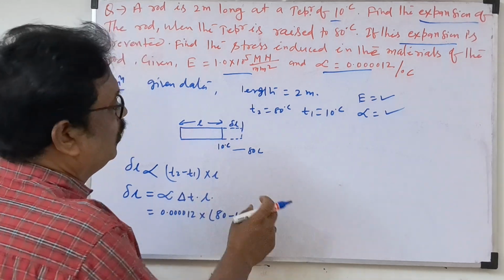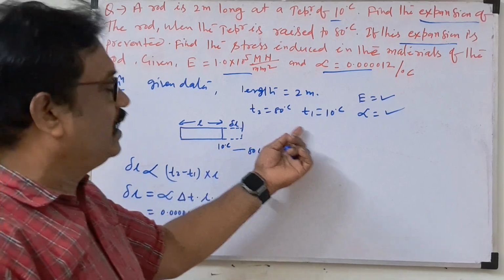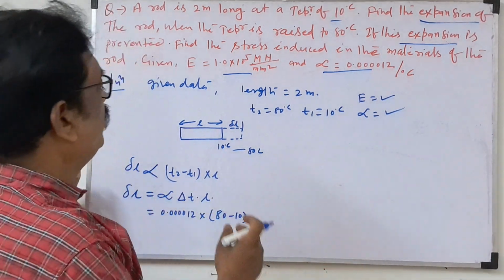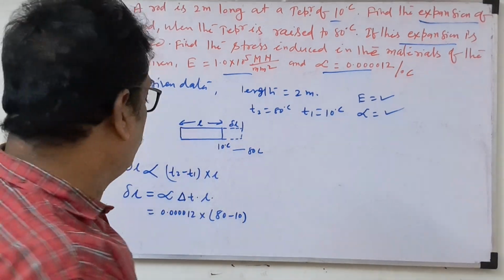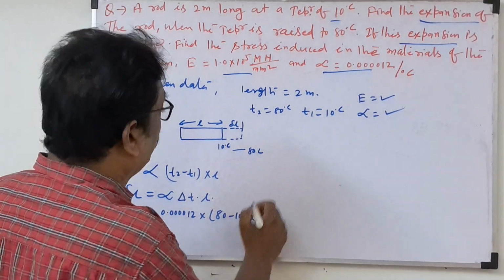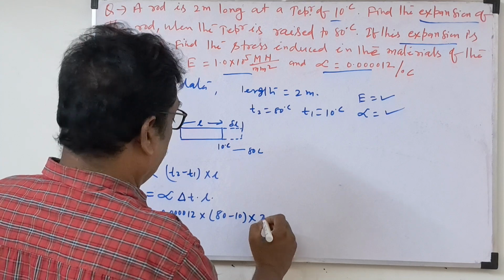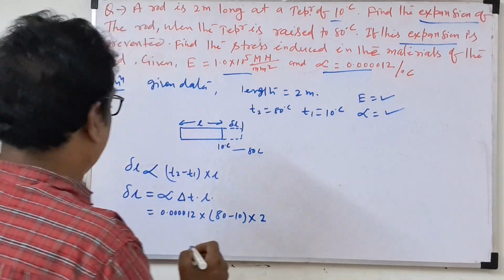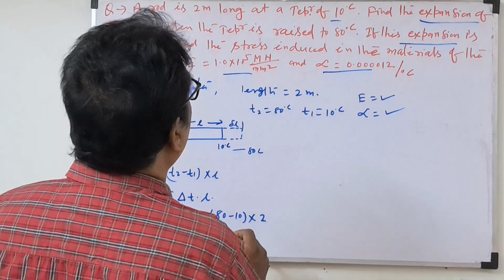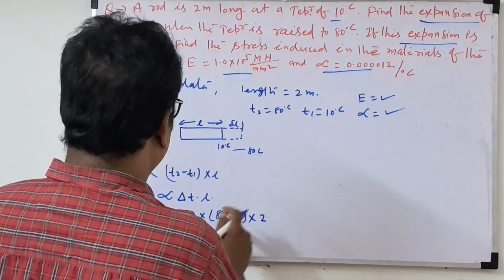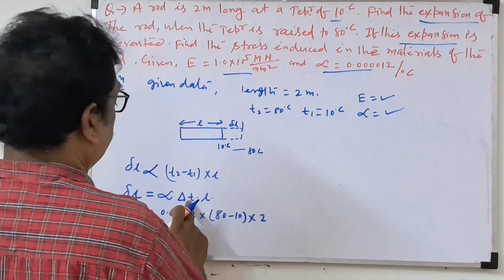Because it is a difference, you need not convert to Kelvin; whether you use Kelvin or degrees, both are the same. The length given is 2 meter, so no need to convert the units anywhere.